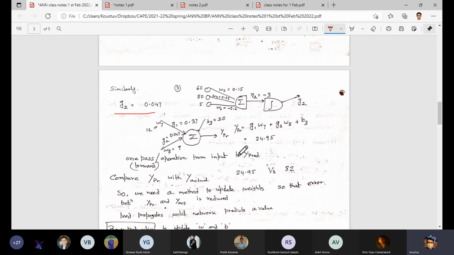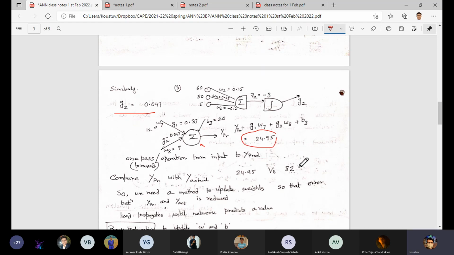And then in the final output layer, we have just the summation part. We have just assembled all the information from the previous nodes. The previous nodes' outputs are G1 and G2, and then we had two weights and one bias. The output layer is one node, and for Y predicted we have calculated 24.95.